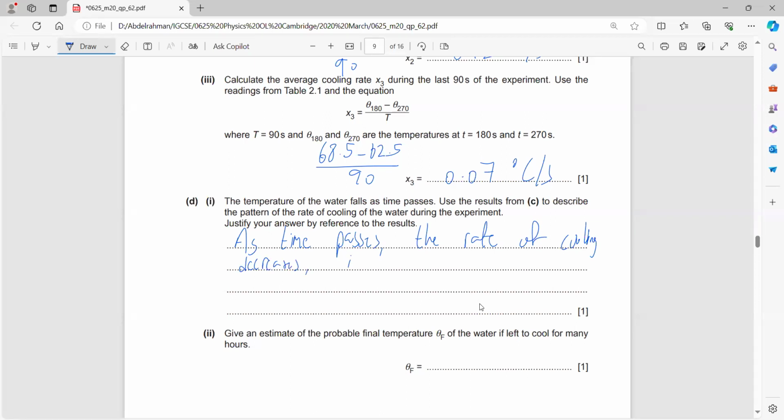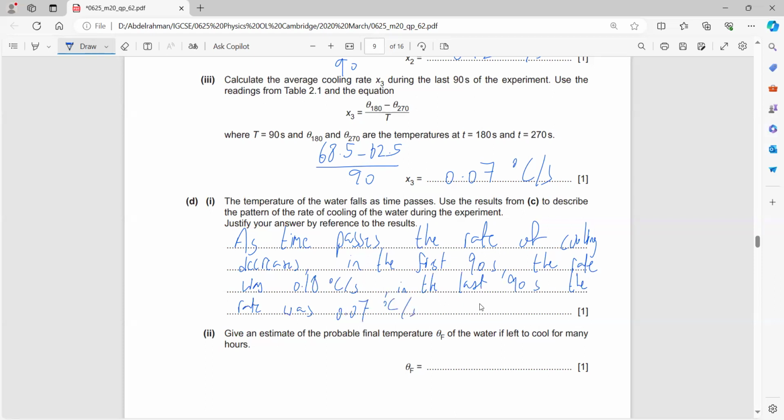For example, in the first 90 seconds, the rate of cooling was 0.18 degrees Celsius per second. Okay, in the last 90 seconds, the rate was 0.07 degrees Celsius per second.